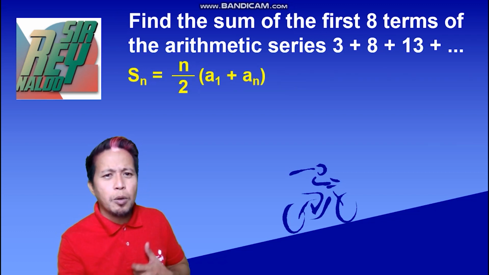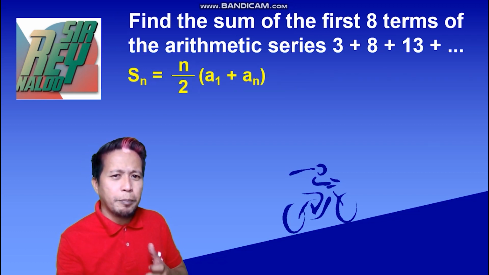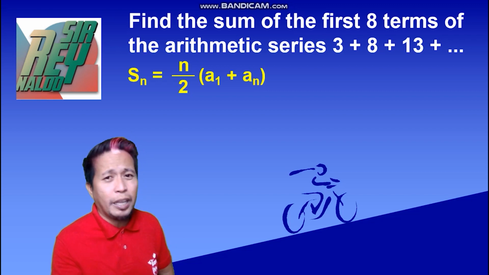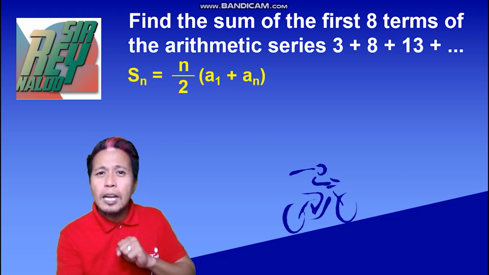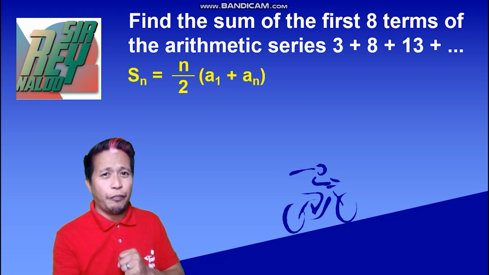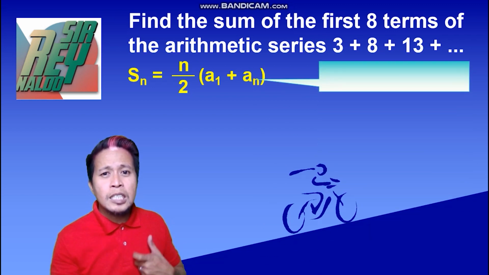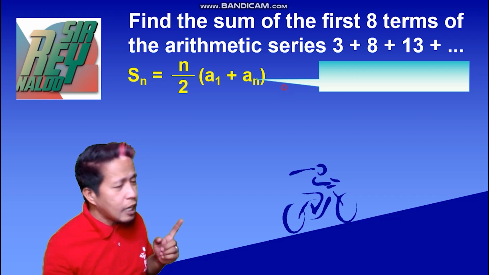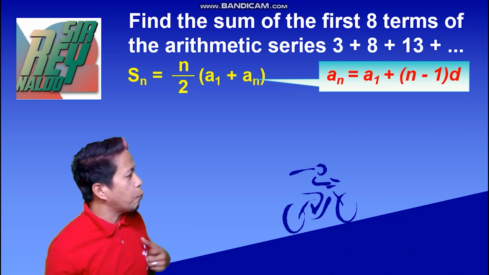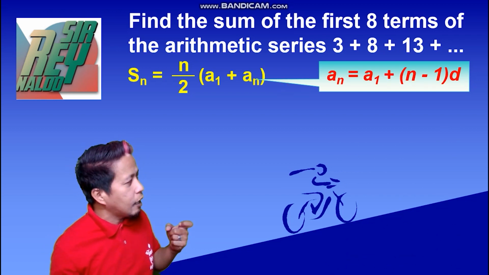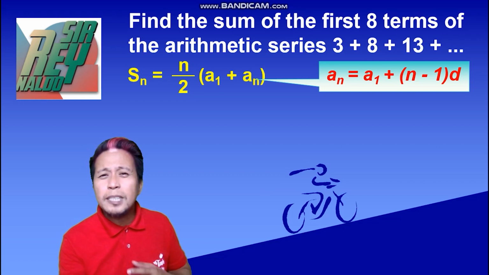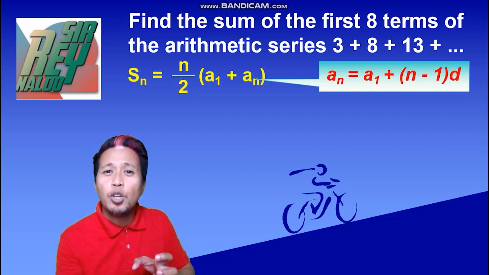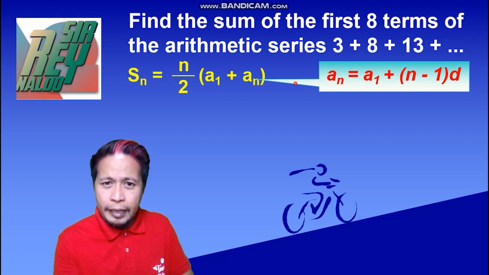Okay. So pag ganito na problema, ganito ang gagawin. Since S sub n is equivalent to n over 2 multiplied by the quantity a sub 1 plus a sub n, wala tayong a sub n, di ba? So ang gagawin lang natin, kailangan natin makuha yung common difference. So paano gagawin? Since a sub n is equal to a sub 1 plus the quantity n minus 1 times the common difference, isa-substitute natin ngayon yung formula ng a sub n.